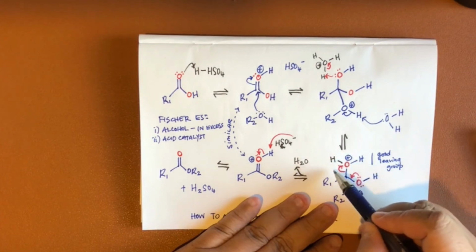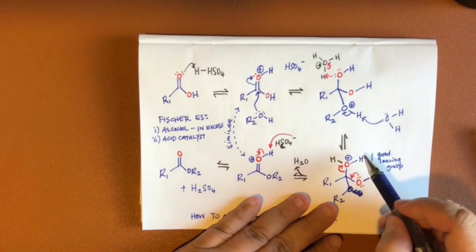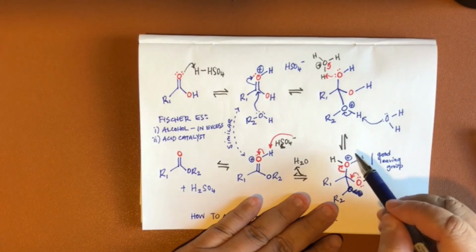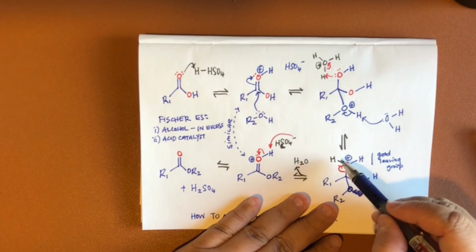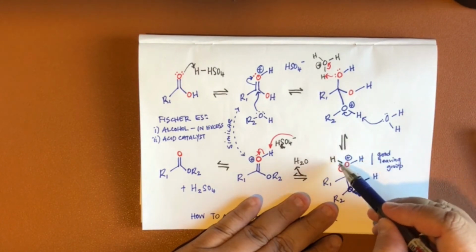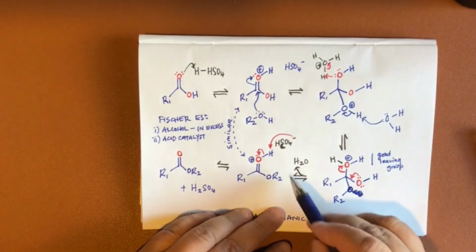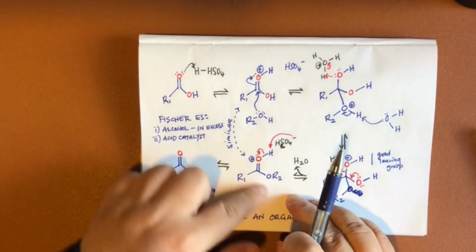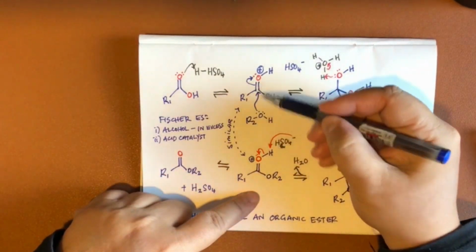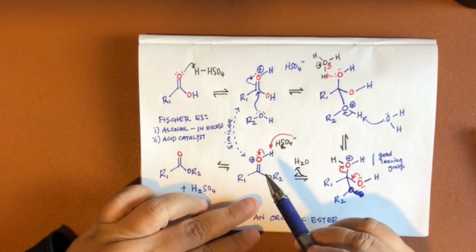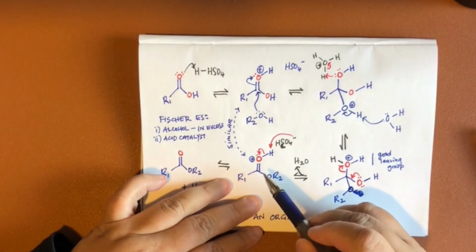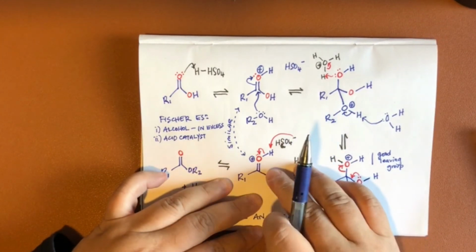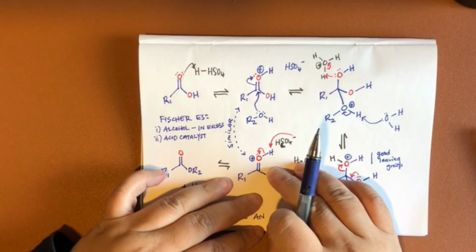When one of the OH groups in the carboxylic acid gets protonated, it becomes a good leaving group, that is water. So that can leave and form back the same species. This protonated carbonyl group is something you see a lot in carbonyl chemistry.